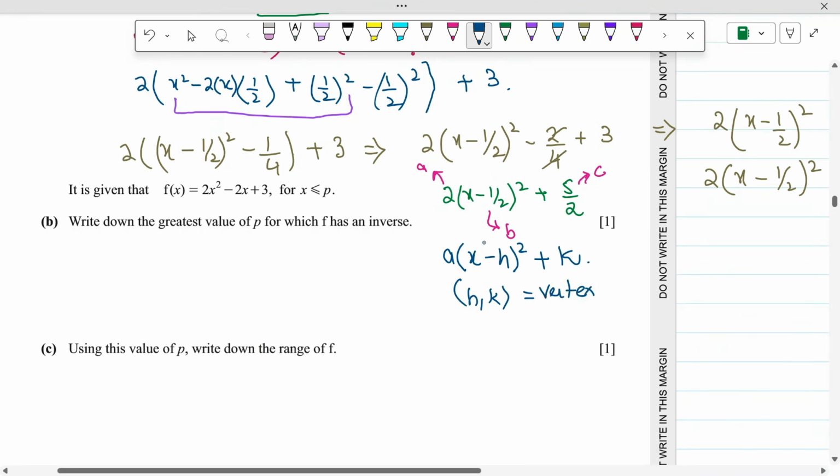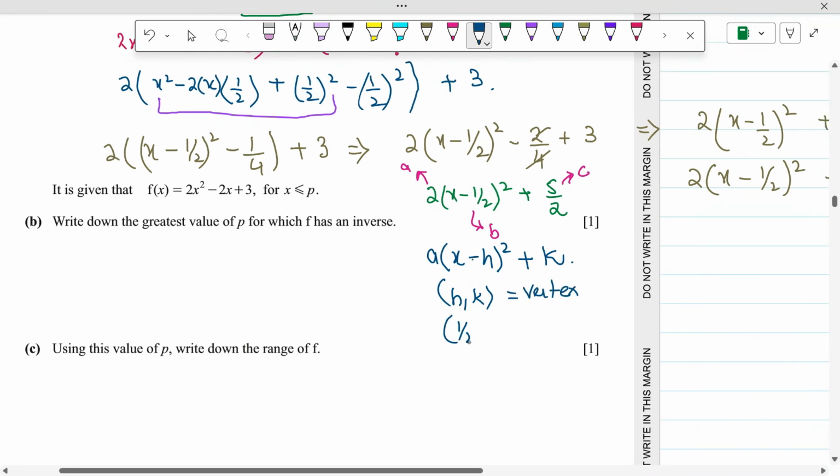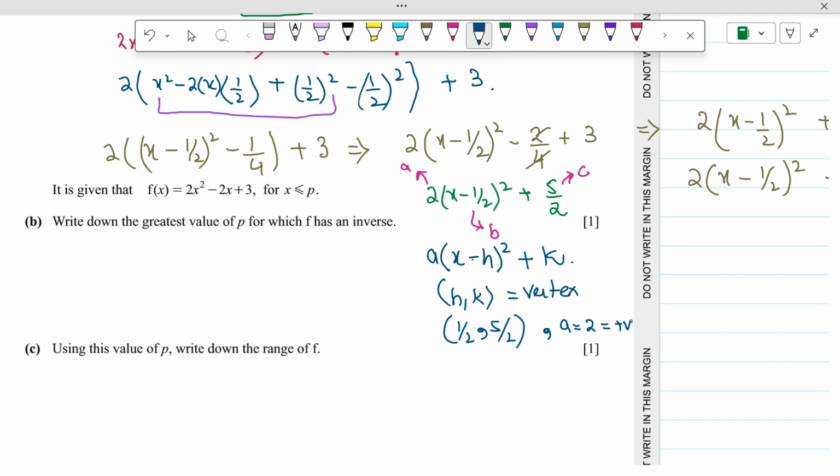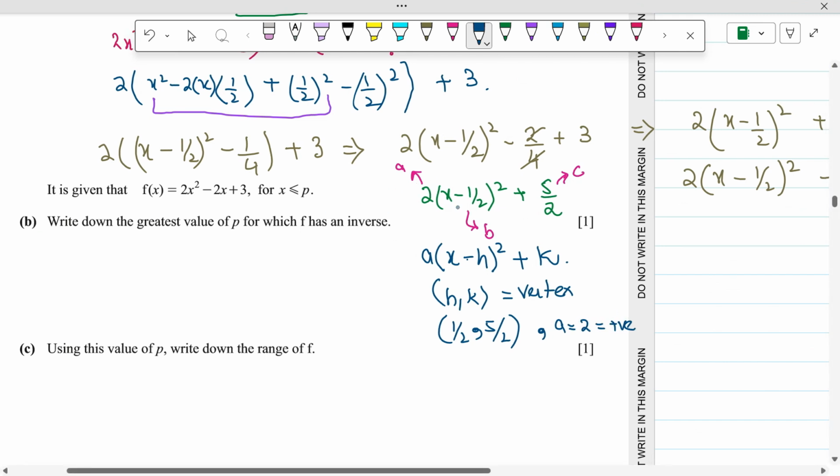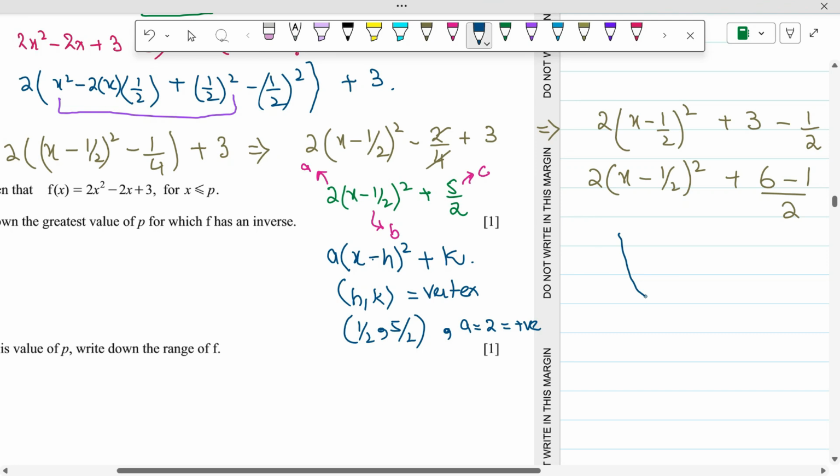So comparing, h is half and k is 5 over 2. a is 2, which is positive, so the graph of this function will open up, and the vertex will be half and 5 by 2.